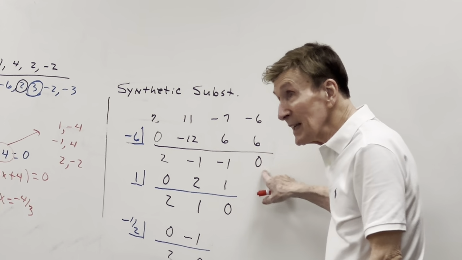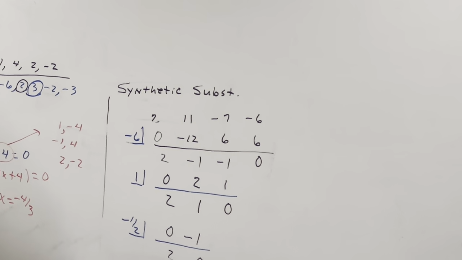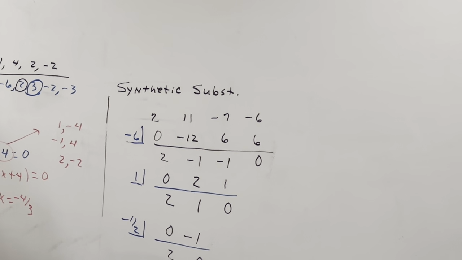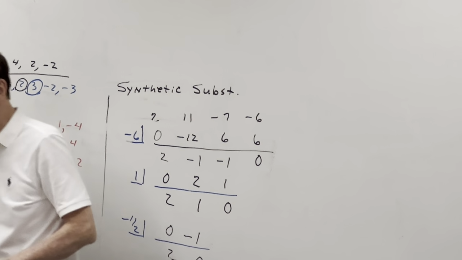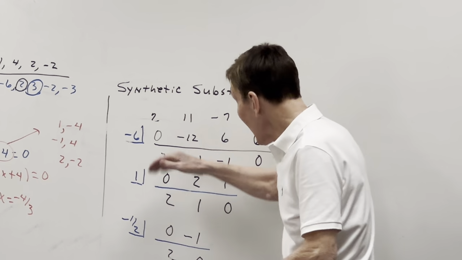That drops the degree down by 1 because we already found one to work. This now goes down to a quadratic. Yeah, -6 worked. That now takes me down to a quadratic. Oh, I love this.